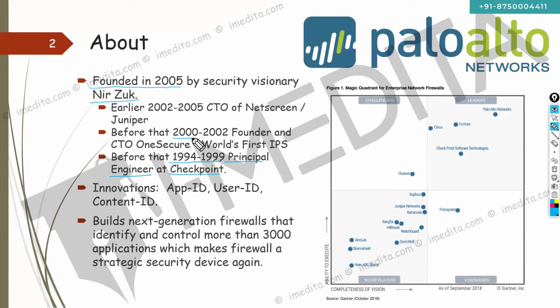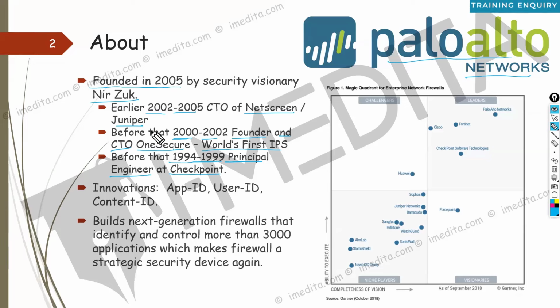Then in 2000, he established his own company, OneSecure. From 2000 to 2002, he was the founder and CTO of OneSecure, which invented the world's first IPS. Then OneSecure was acquired by NetScreen or Juniper, and he was there from 2002 to 2005. But in 2005, he left Juniper and established Palo Alto Networks. Clear? So this is the history of the Palo Alto founder.